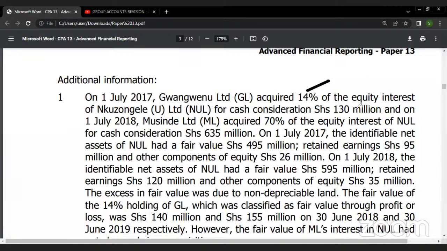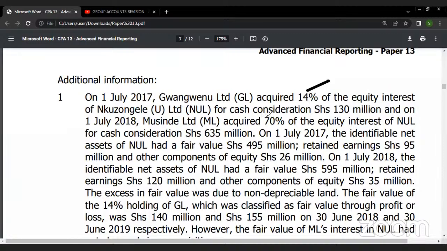So the parent paid 130 million on 1st July 2017, but after some time, we see that ML is acquiring 70% of the equity interest of NUL for a cash consideration of 635 million. Now you see that ML is acquiring 70% after 1 year. Meaning that a year after the holding in NUL, ML also acquired 70%.